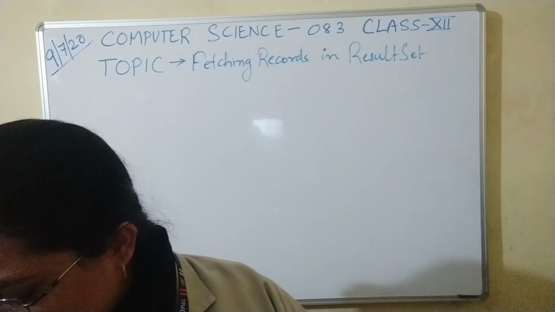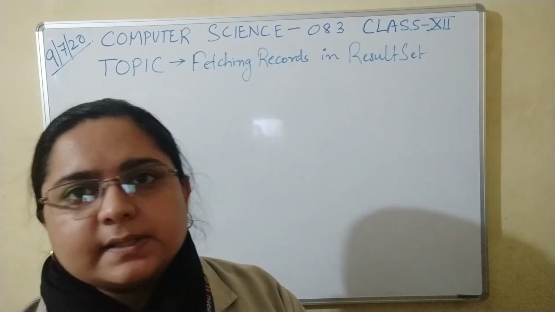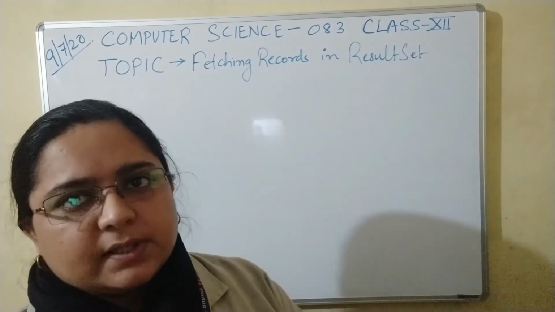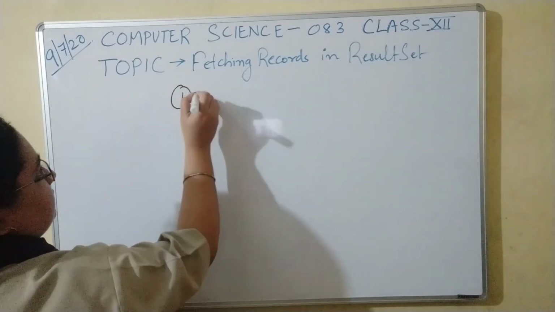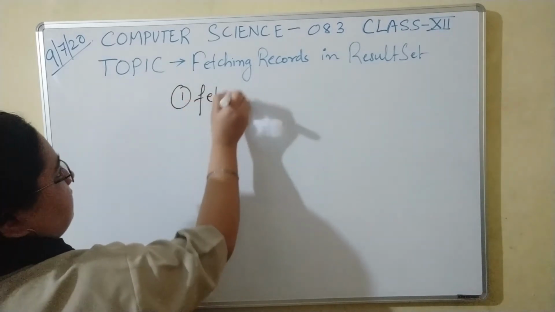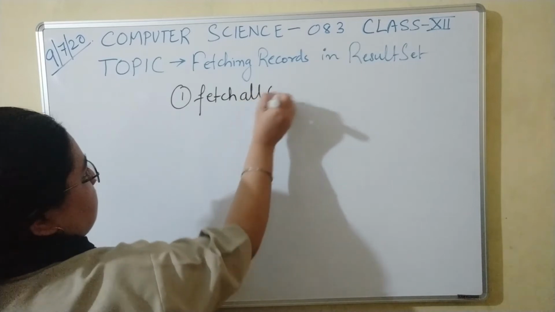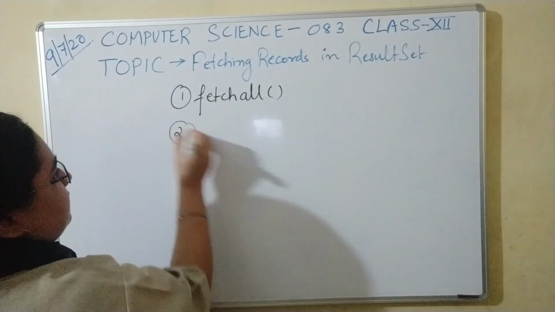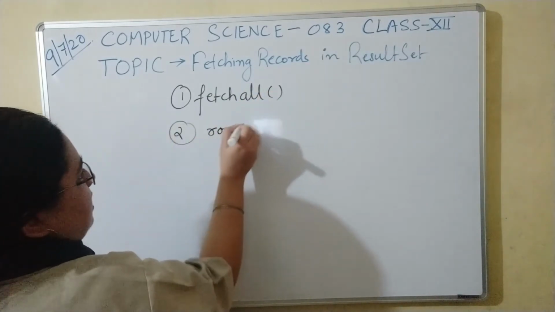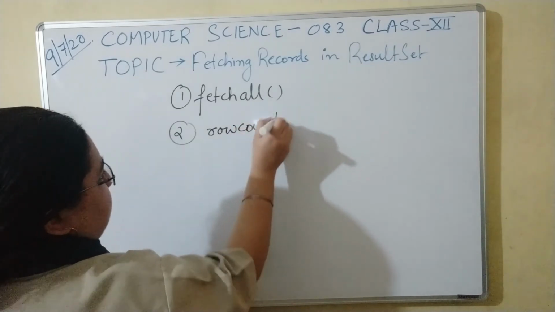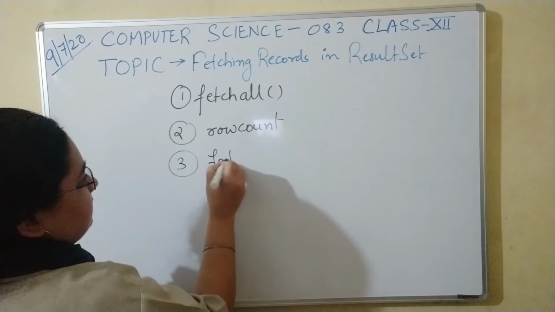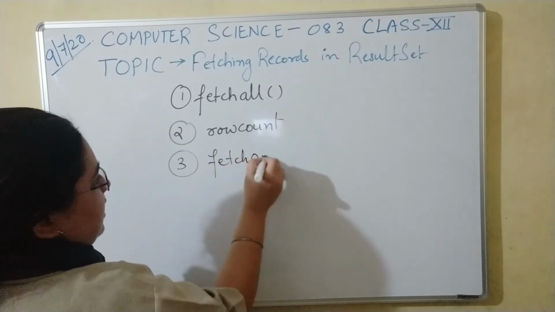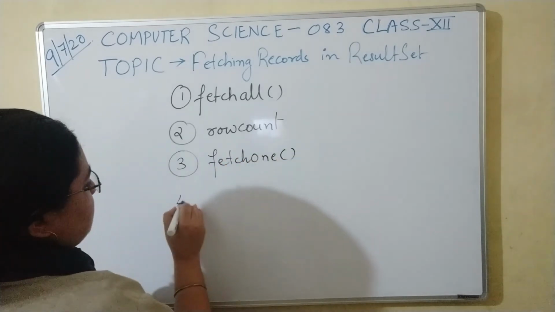You have already studied the very first method, that is fetchall, and you have also studied a property that is rowcount. Now we will extend this list to fetchone and fetchmany.